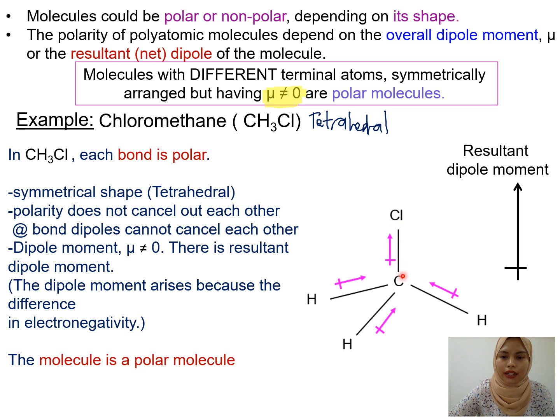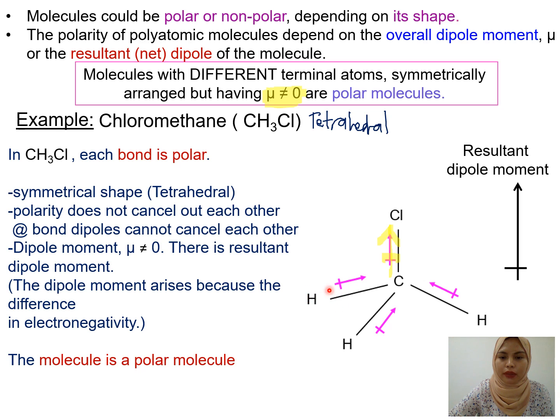In this case, you know that carbon is less electronegative compared to chlorine. Therefore, the bond dipole will be from carbon ke chlorine. Okay, and then if you compare the electronegativity between hydrogen dengan carbon, carbon will be the more electronegative atom compared to hydrogen.